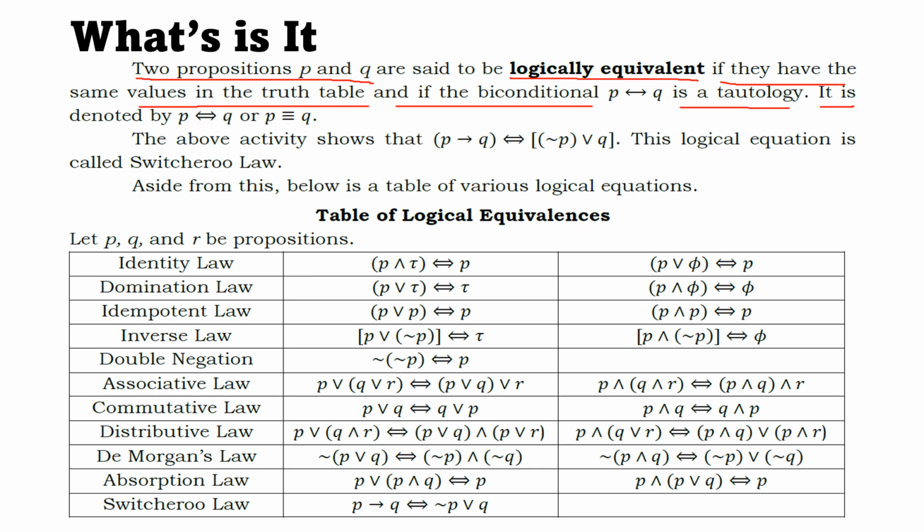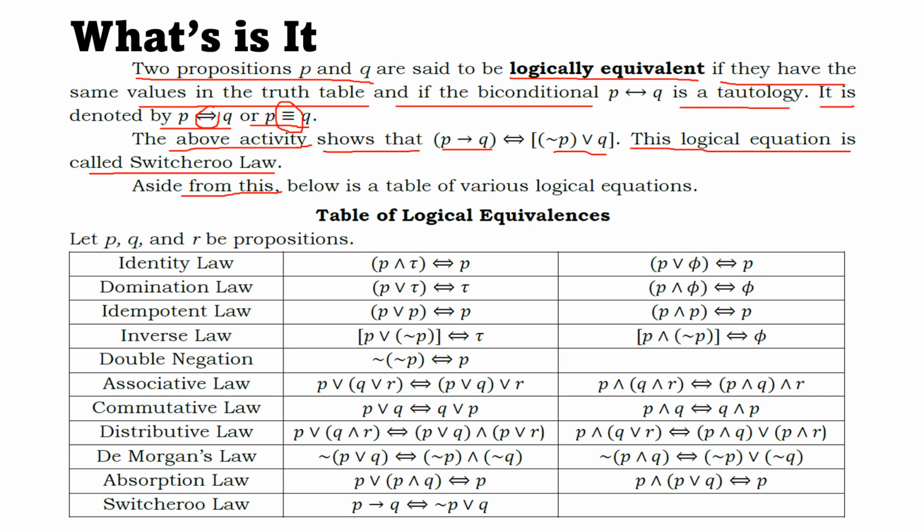It is denoted by your biconditional symbol, the symbols that we use to represent biconditionals. The above activity shows that P conditional Q is equivalent to the resulting values of negation P disjunction Q. So this logical equivalence is called the Implication law.